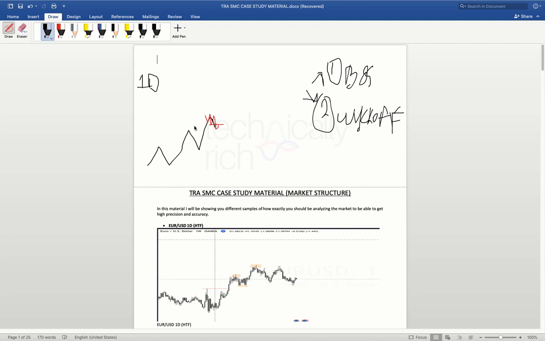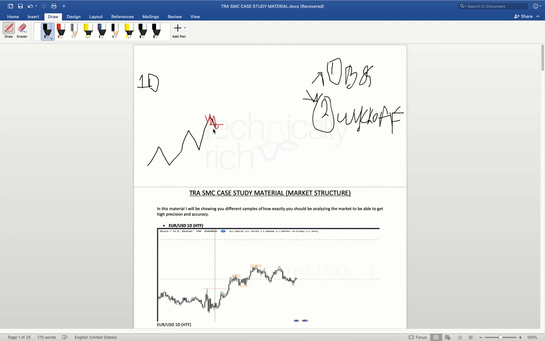But when we get to the 1 hour time frame, which is our intraday, we can see that the price has broken structure there. So the lower time frame has changed from bullish to bearish already. Because we have a break of structure on our intraday, we are going to be looking for sell.